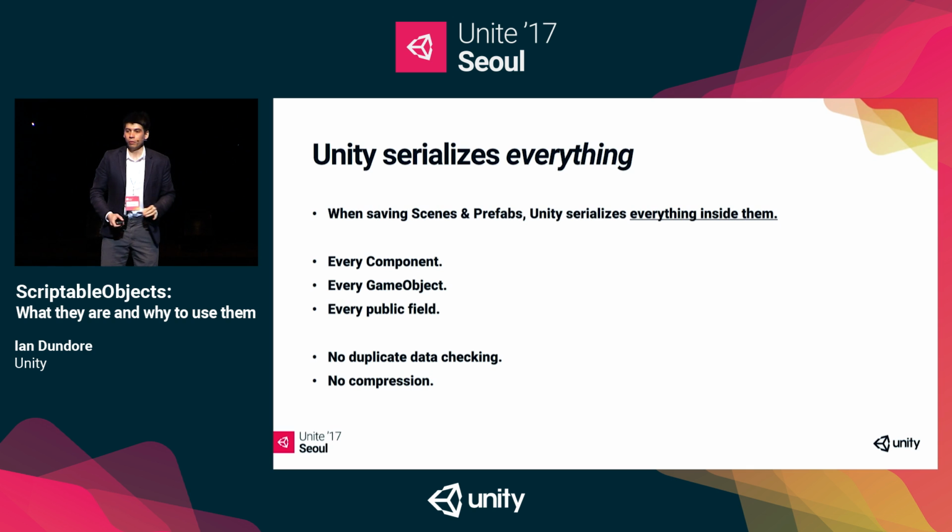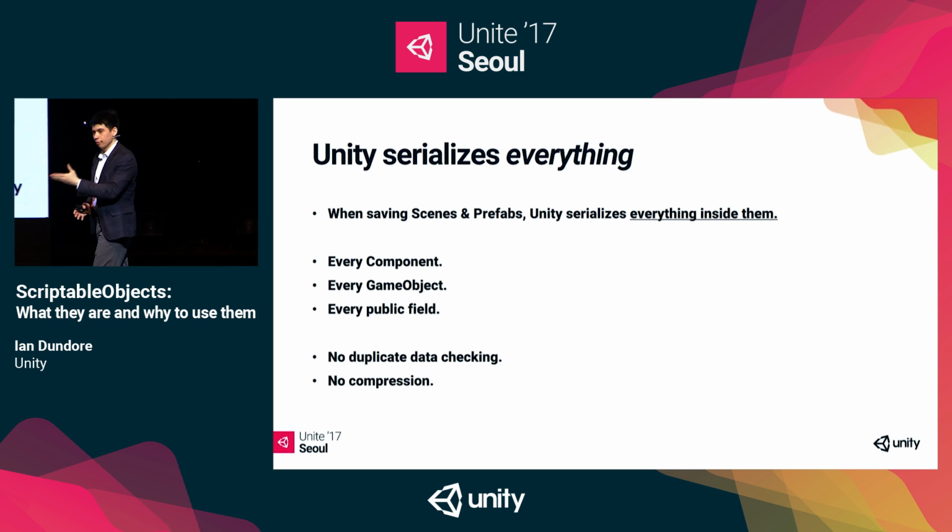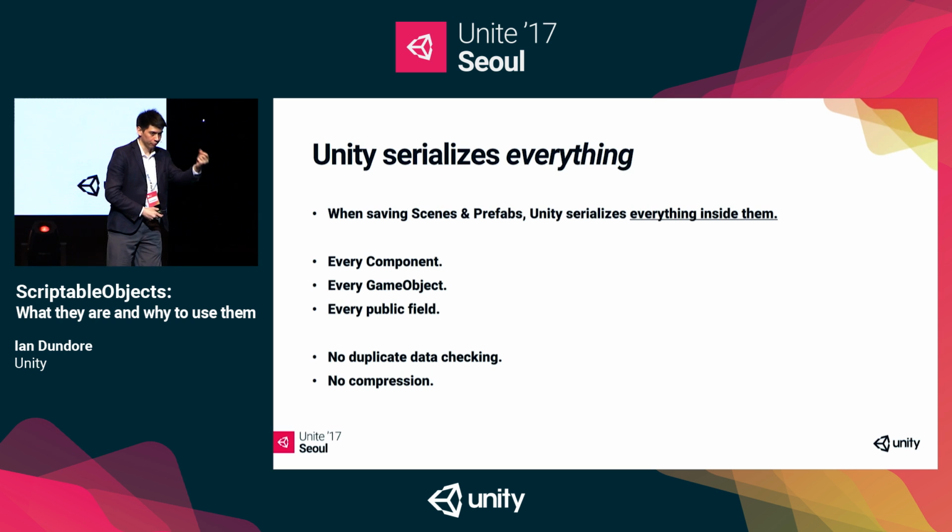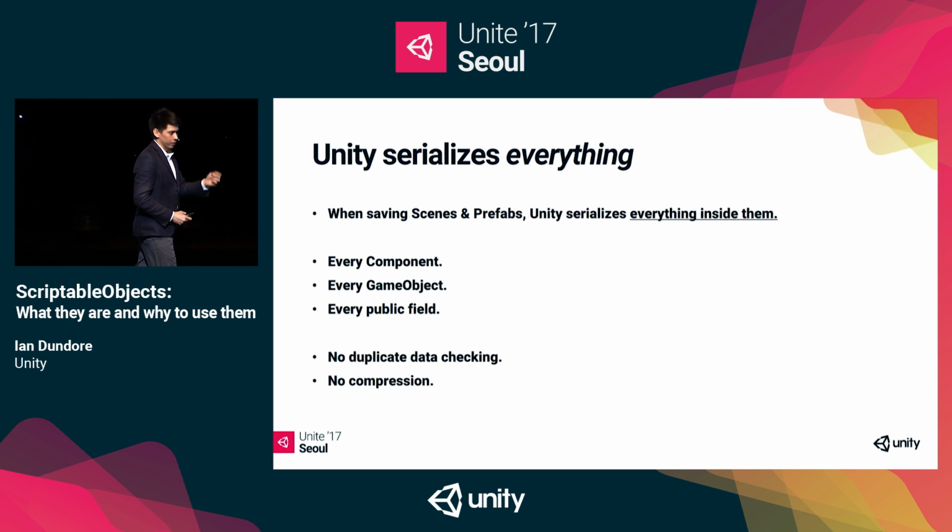In a scene, we will serialize every game object, every component attached to every game object, every serializable field on every component on every game object or MonoBehaviour in the entire scene or prefab. There is no duplicate data checking. There is no compression. We save everything.